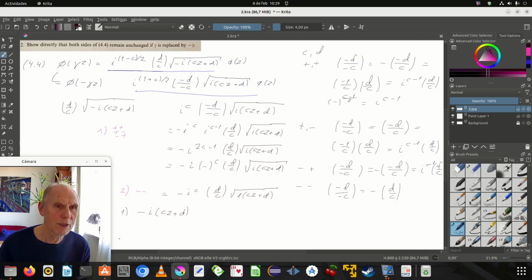No, we do it down here. i to 1 minus c times minus i cz plus d equals, so i, the imaginary unit, times this gives unity, so it's i to minus c cz plus d.